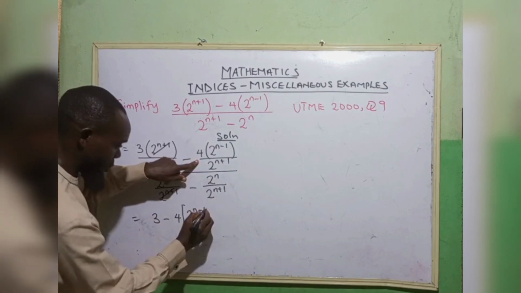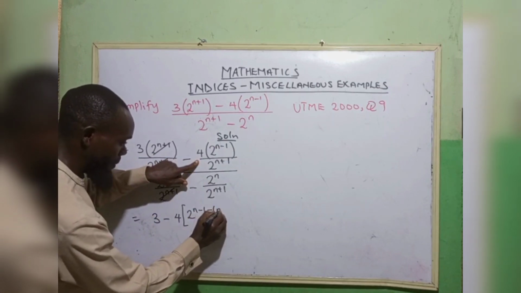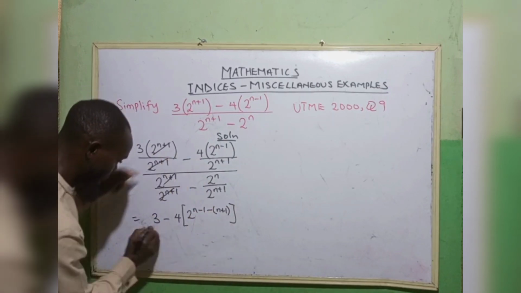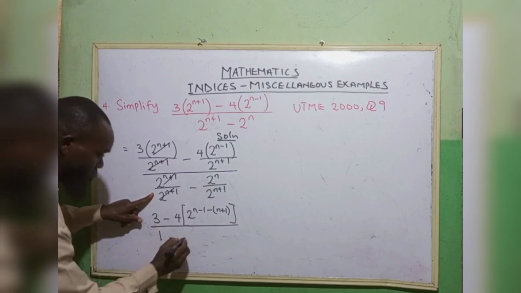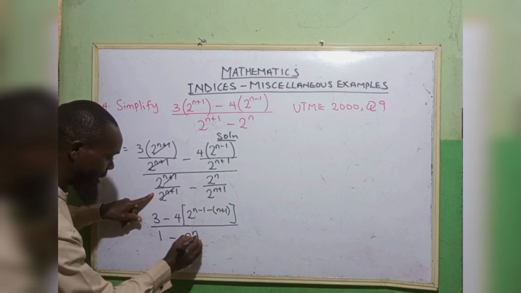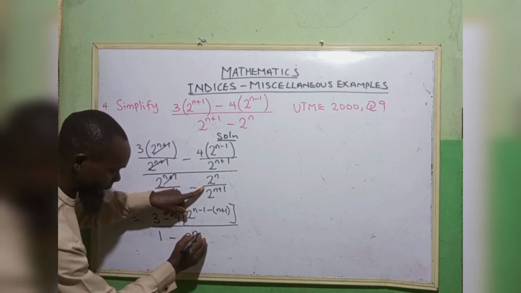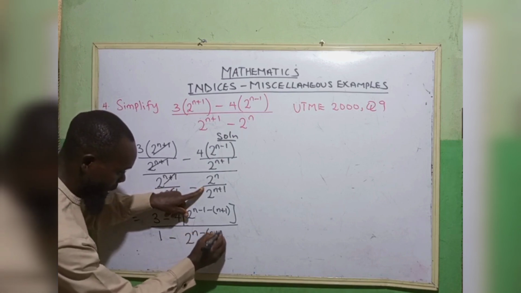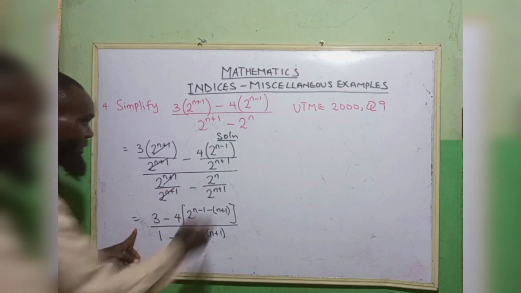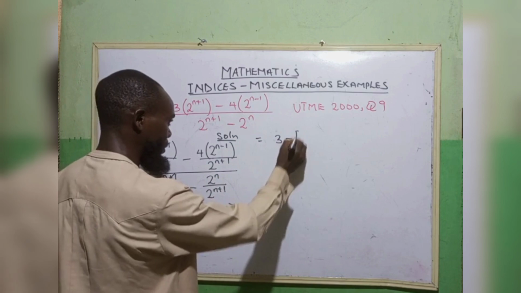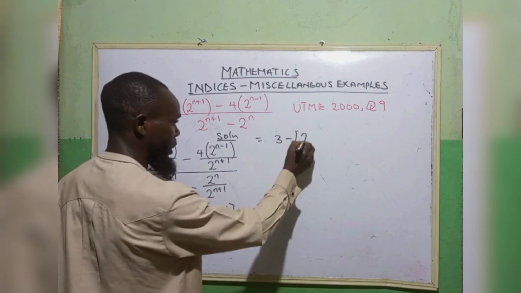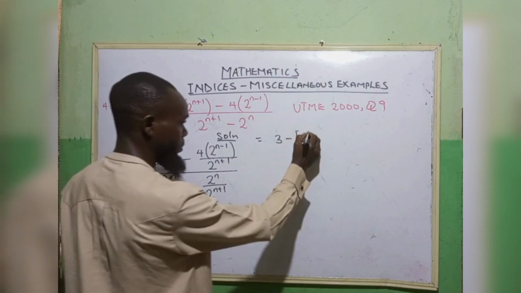Then this division changes to minus, n plus 1. Divided by, this one becomes 1 minus 2 raised to power n. Then this division changes to what? Minus n plus 1.